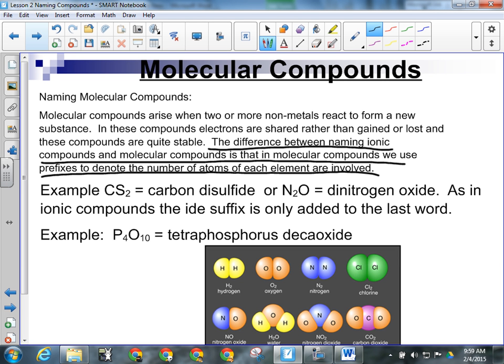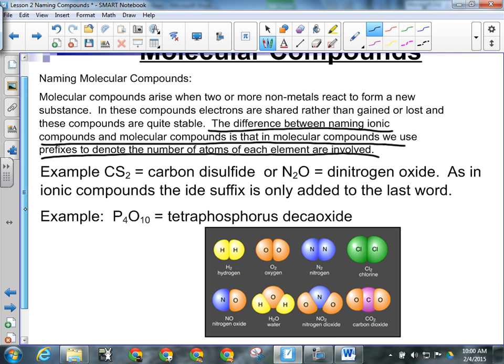If you don't like the swap and drop, you don't have to use it for molecular compounds because the prefixes tell you what numbers to write, which makes it a lot easier, really. Okay, so the examples we've got here, this would be carbon disulfide.